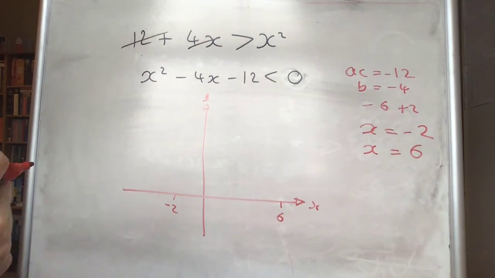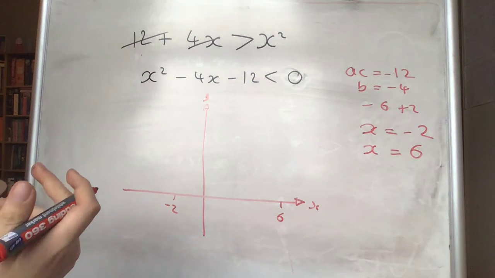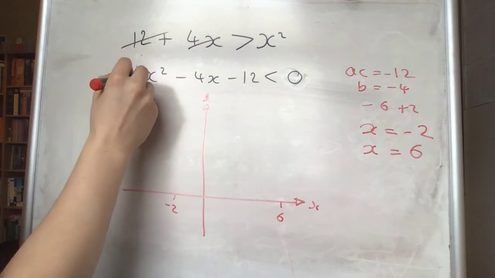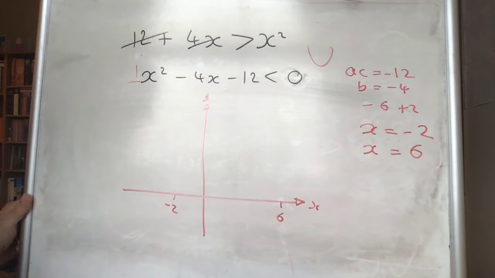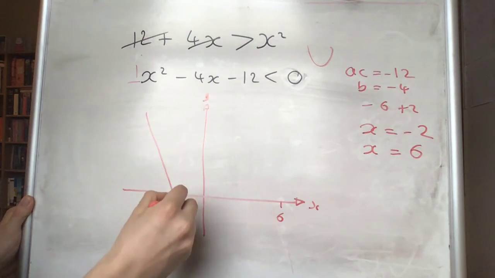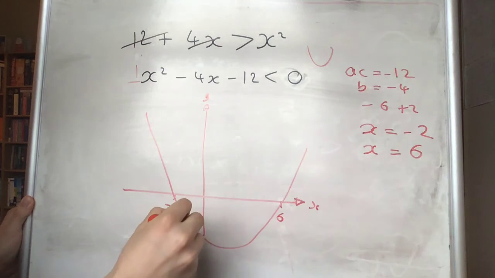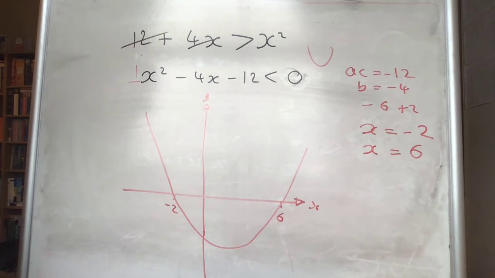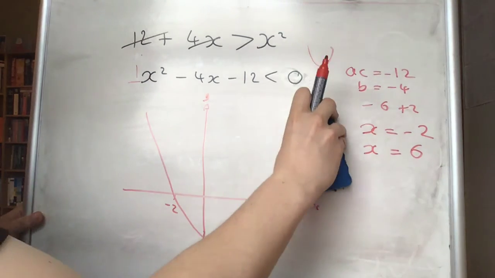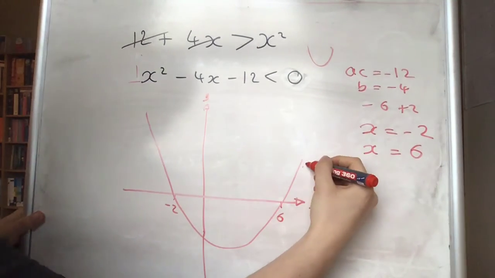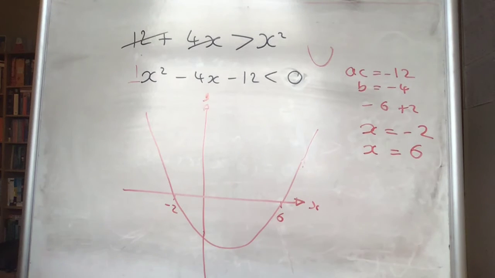And we know that as we have a positive coefficient of x squared, as this should be 1 for example, we're going to have a sort of U-shape like that. So we get a quadratic graph that looks like that.